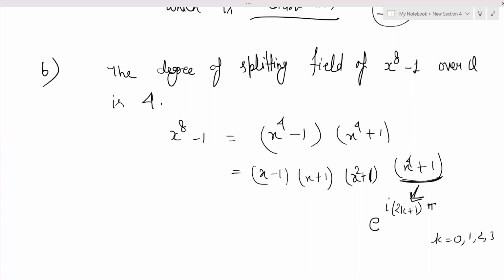Why this? Its roots are these, right? x to the power 4 is equal to minus 1. Minus 1 is cos pi plus i sin pi. Yes, it is correct.